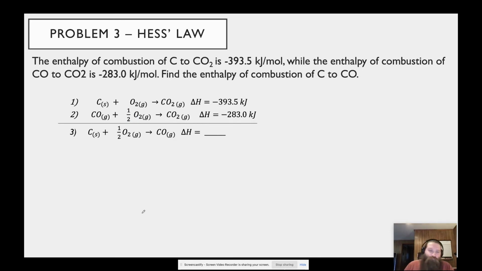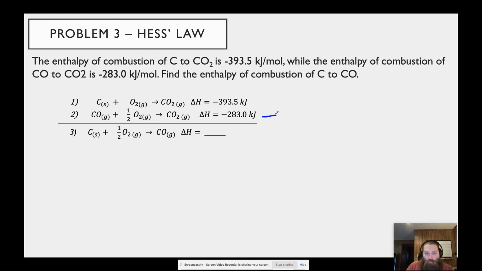So here's the question. How do I take 1 and 2 and rearrange this to get 3? Well, the problem that I see here is I have CO2 on both sides, and there is no CO2 on number 3. So I have to cancel out the CO2. So how do I do that?